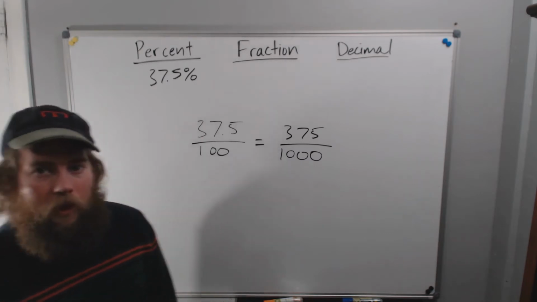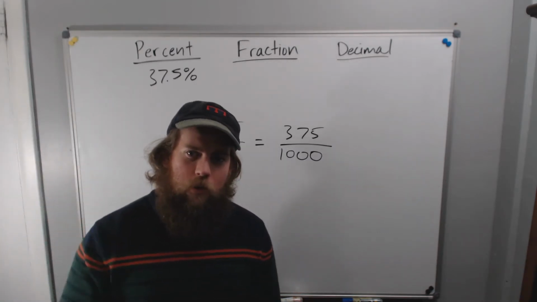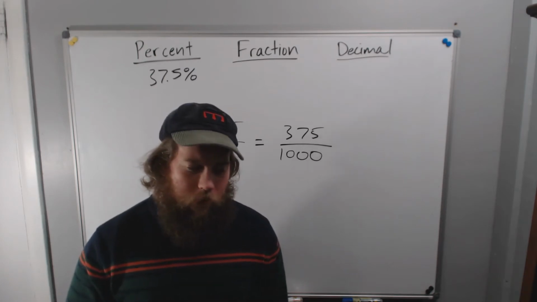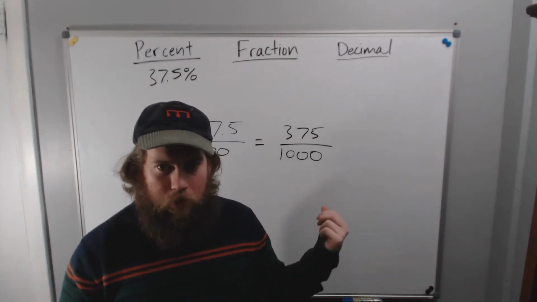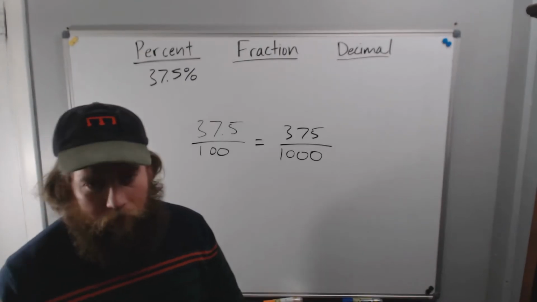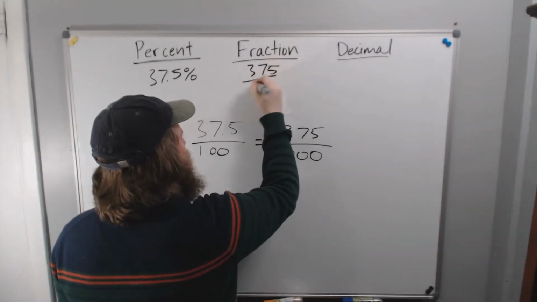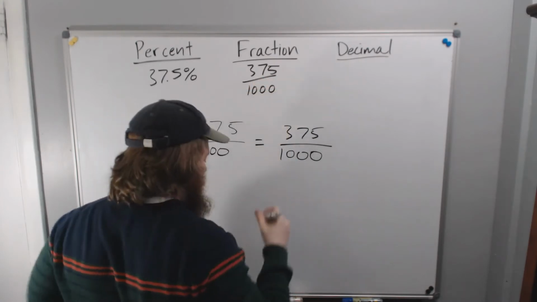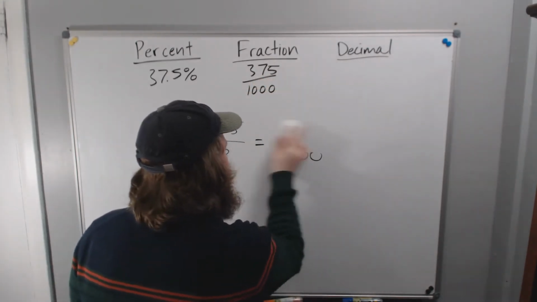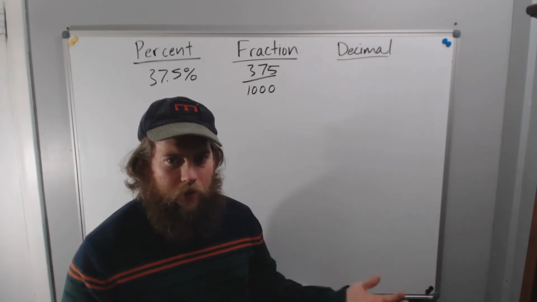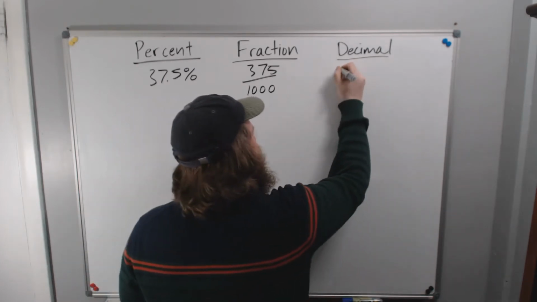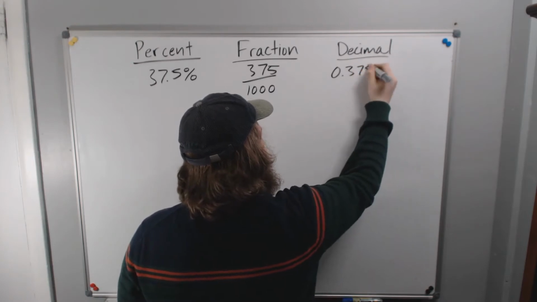Now we have a fraction with only integers in the numerator and denominator. It's obviously not reduced, but that's fine. So we'll write 375 thousandths as our fraction. And 375 thousandths is 0.375.